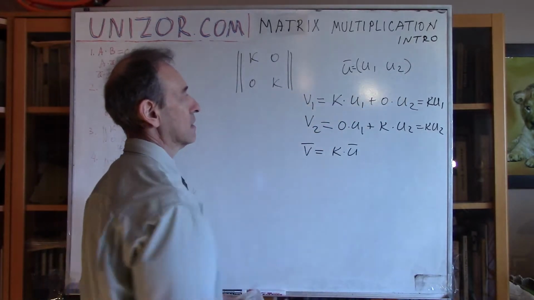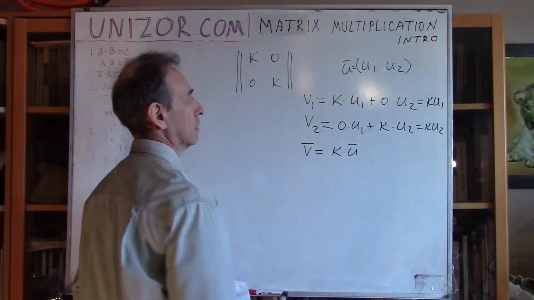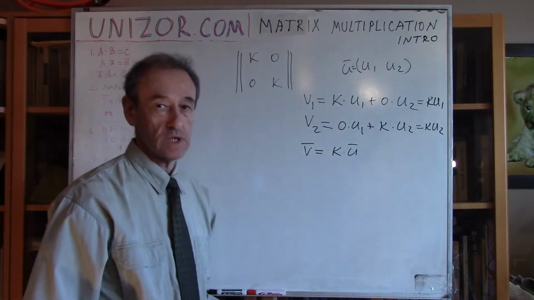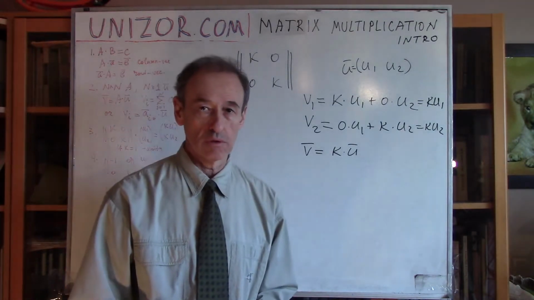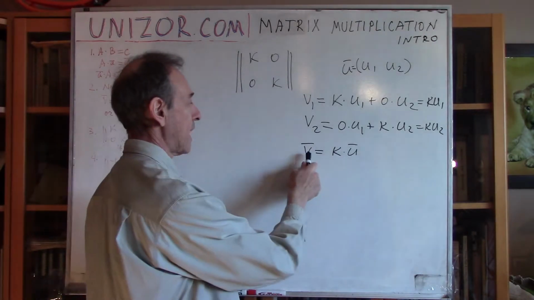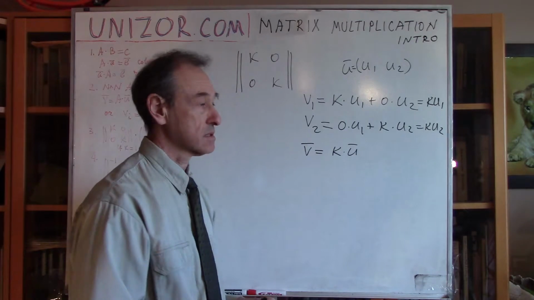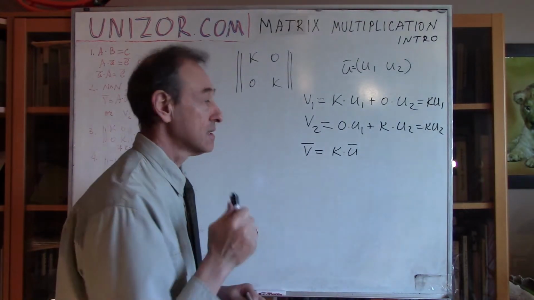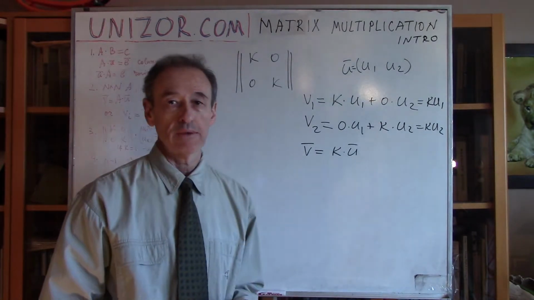If you multiply a constant by a vector, you will multiply each component, and that's exactly what vector v actually is. So the matrix of transformation, which is a stretching by the factor of k of the entire vector space, so every vector will be stretched by k, is this particular matrix.